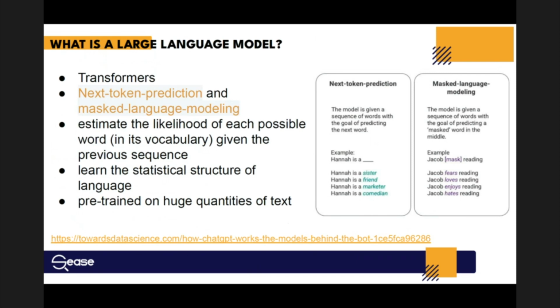So it's like an incredibly powerful auto-completion system. Effectively, it estimates the probability of the next word. So according to what we have in input, what's the probability of having this other term in output? Effectively, a large language model learns the statistical distribution of terms and sequences of terms in a language.